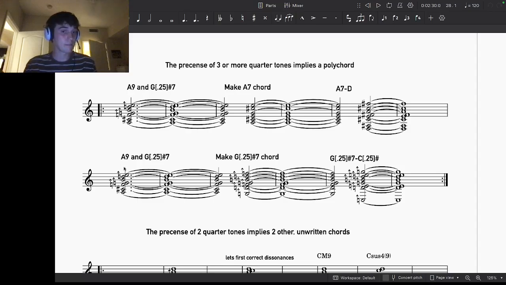So with the same dominant structure, we resolved 1 to a D chord and 1 to a C quarter sharp chord.